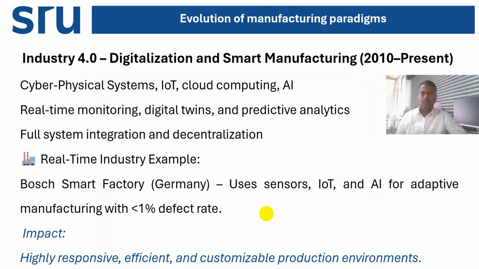When it comes to Industry 4.0, there was a limitation we saw in Industry 3.0: we can design, but those design changes are not possible while manufacturing a particular part.